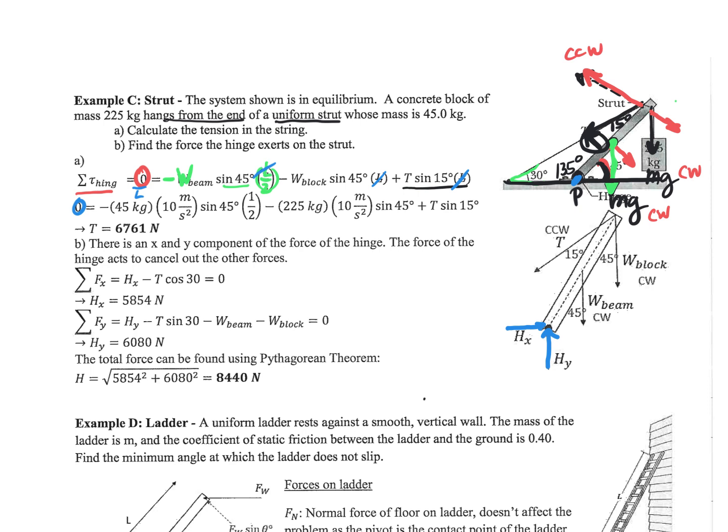So in the x direction, we know it's not moving, so the sum of the forces in the x direction is still 0. Well, what's acting on that? The only forces we have acting on that hinge come from what?